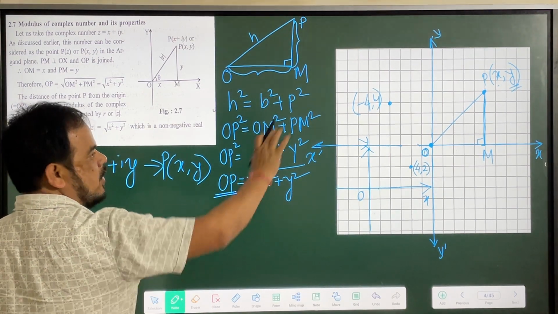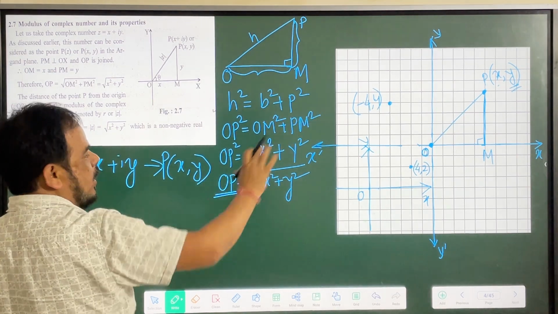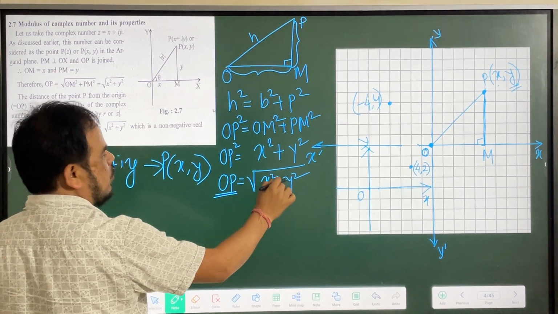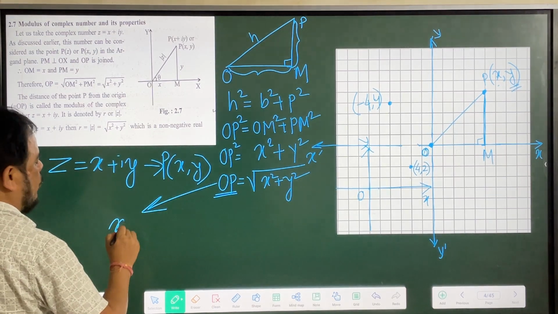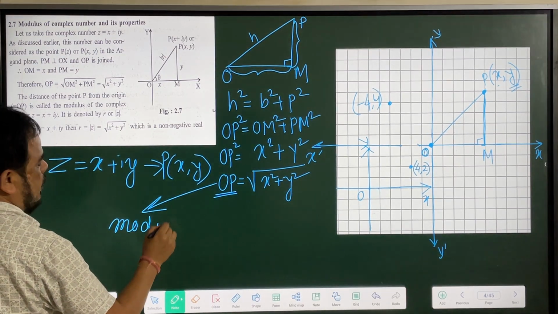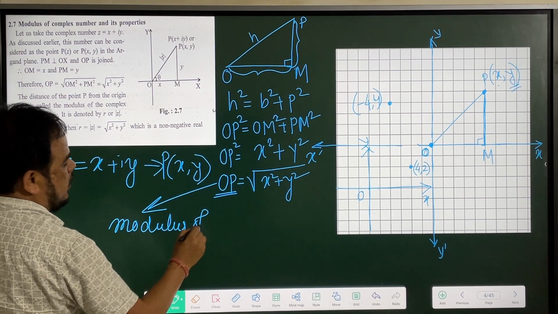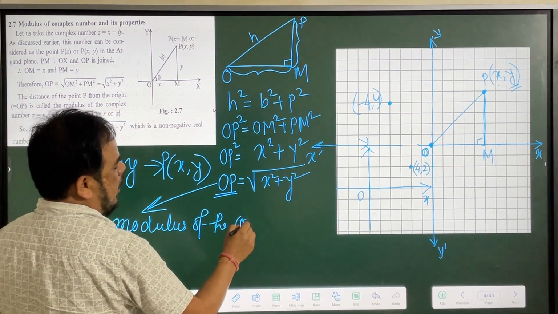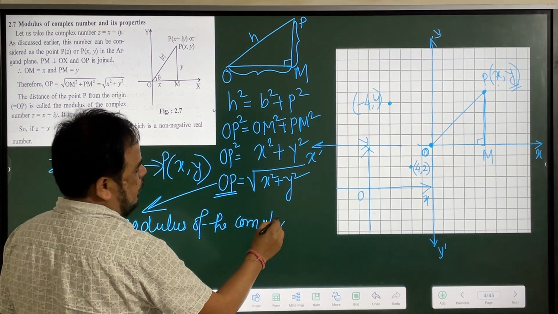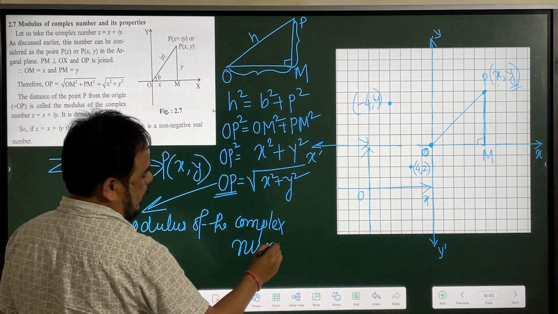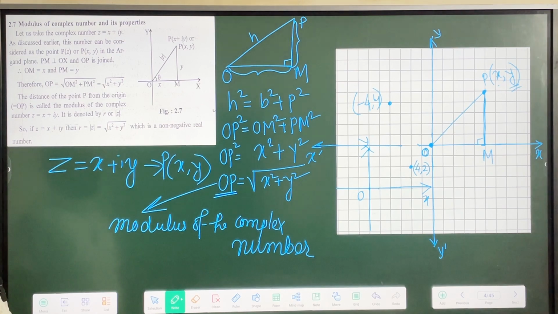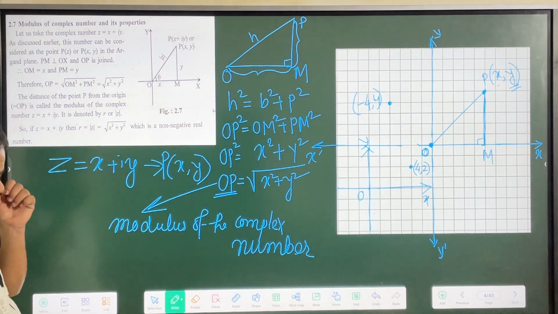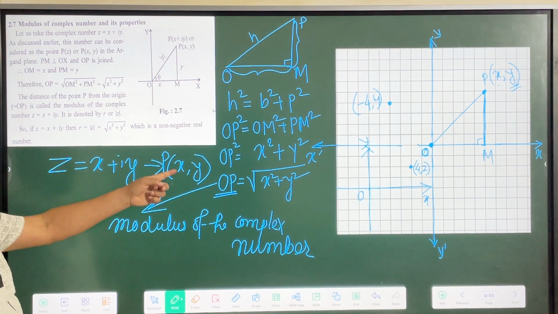So O to P there is a line segment, and OP is equal to the square root of x square plus y square, which is called the modulus of the complex number. So this is a formula. For any complex number, the first one is x, the second one is y.